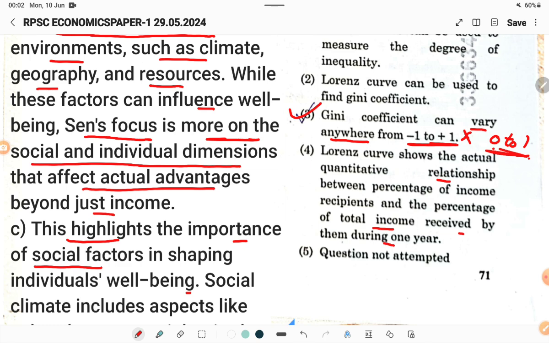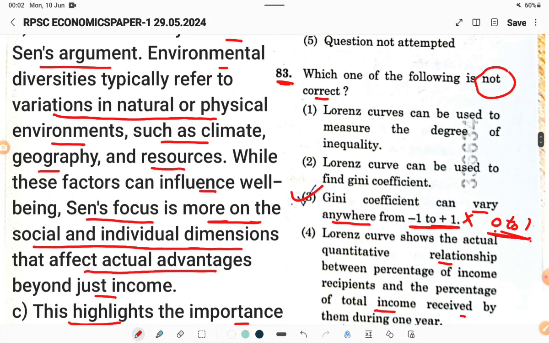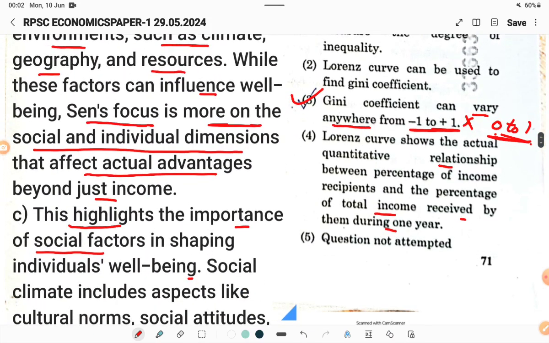This statement is also correct. The Lorenz curve plots the cumulative percentage of income recipients against the cumulative percentage of total income they receive. It visually demonstrates how income or wealth is distributed across different segments of the population.